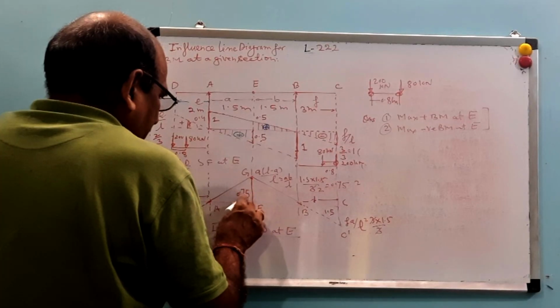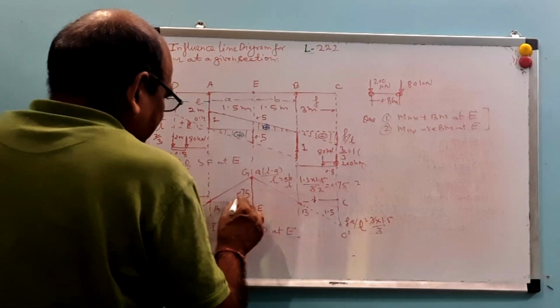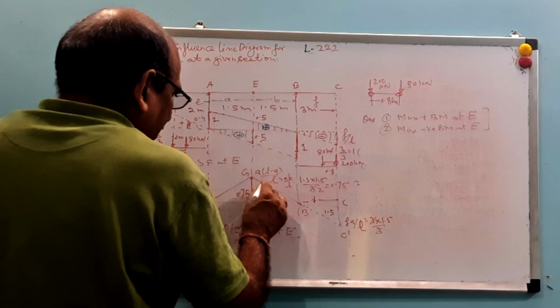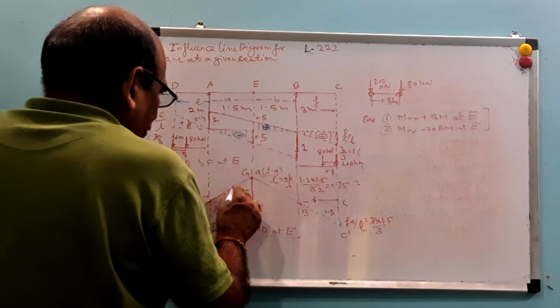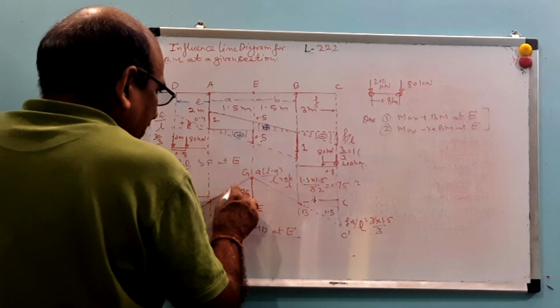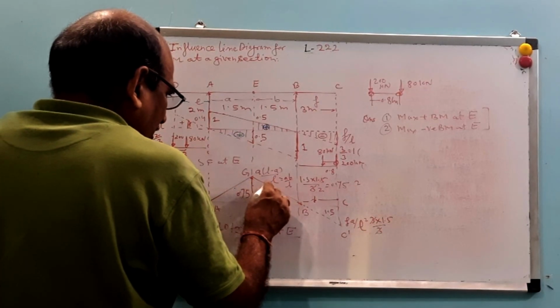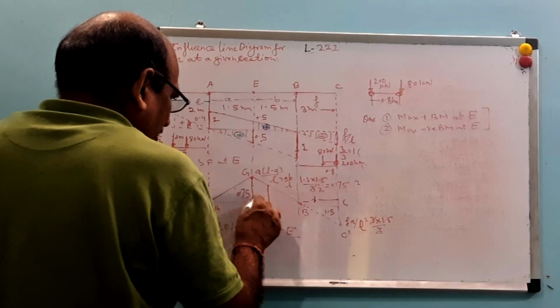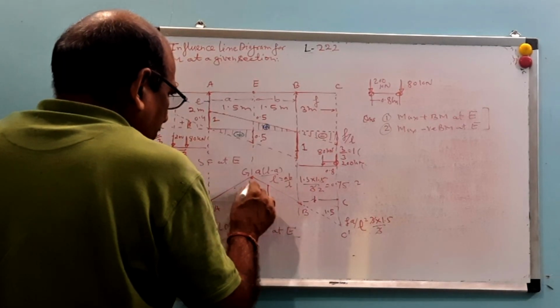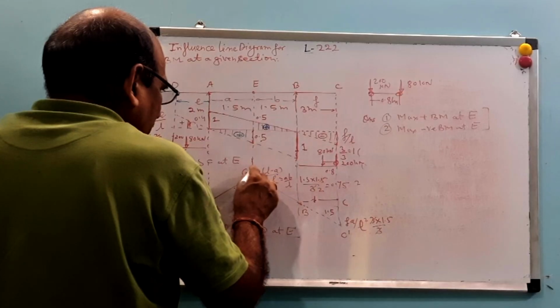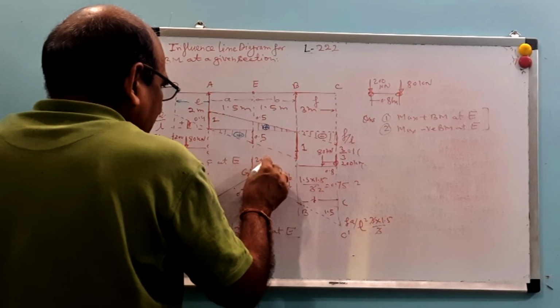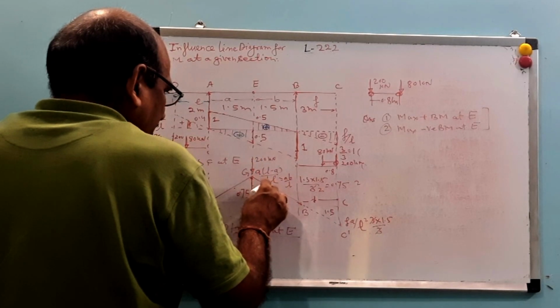Please take it. If you take a distance of 0.8, you can put 80 and 100 here, the same thing will happen. You can see this position. We are choosing this position. We are putting 200 kilonewton here, and 80 kilonewton here.